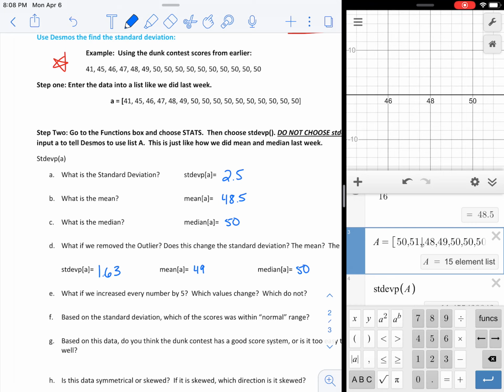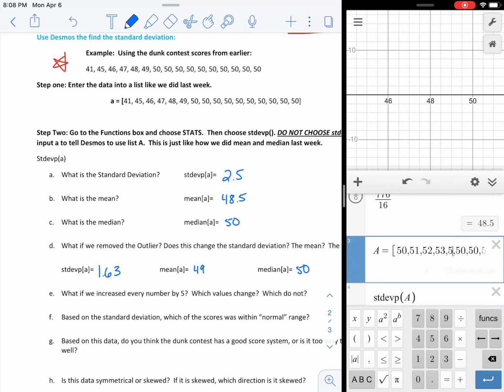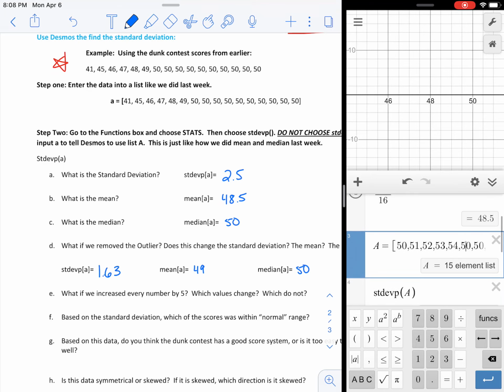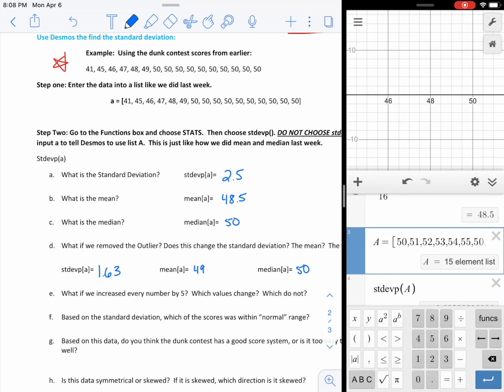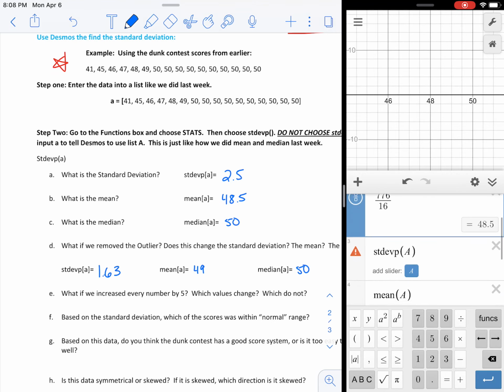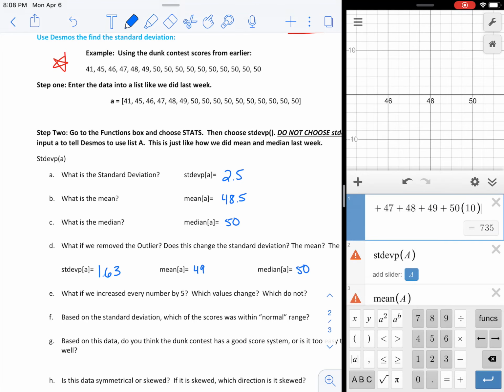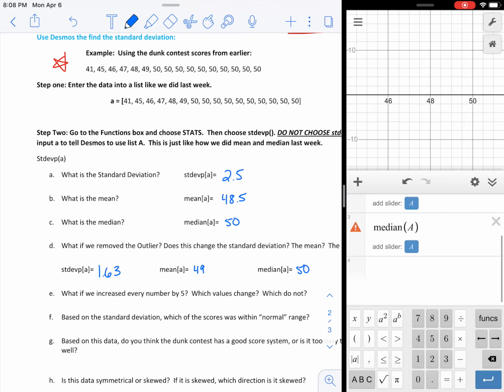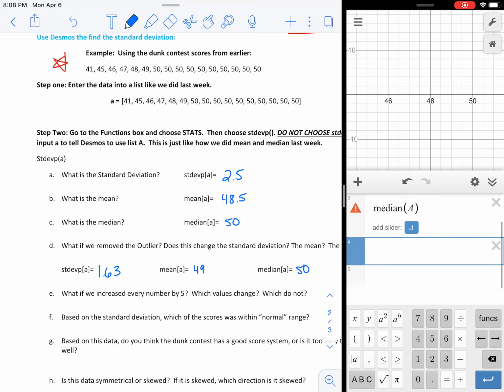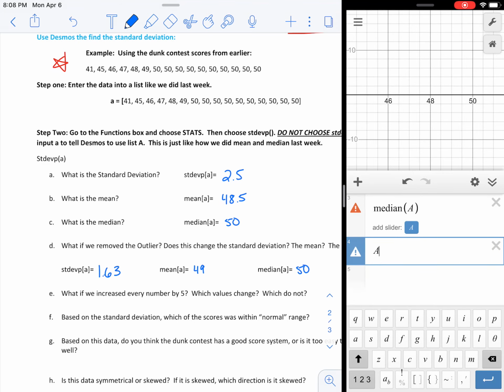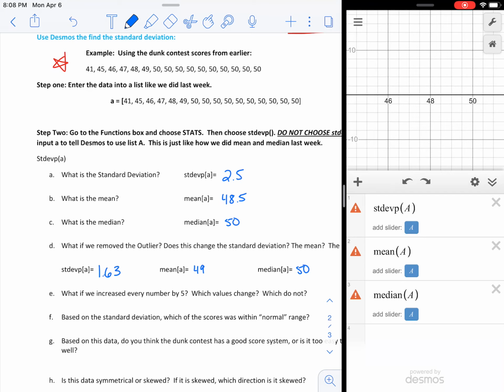51, 52, 53, 54, and the rest of these are all 55s, right? Oh, of course that would happen. Let me just type them in. That'll be a little bit easier than having to go back. Actually, no, that would not be easier.